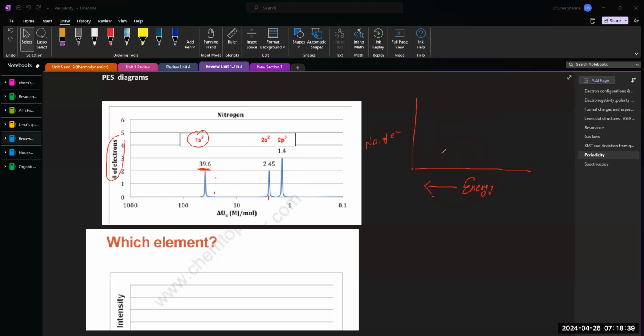You have to identify the element. What is the element? This is shell number 1. Shell number 1 is always there.